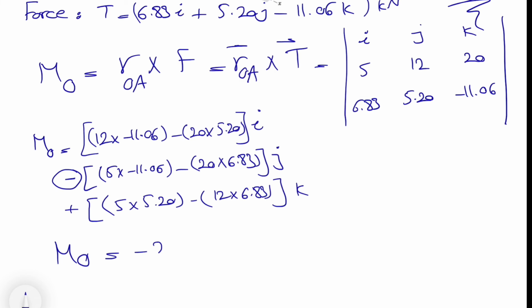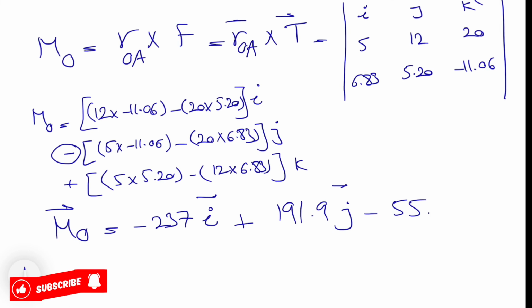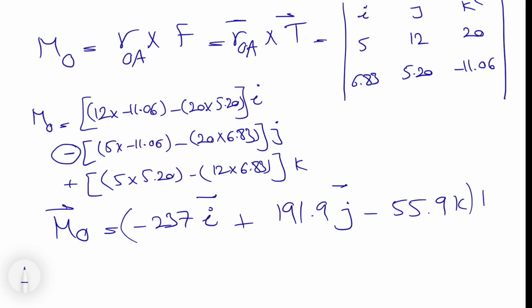And if we do that, for the first part, we have minus 237. That would be our I. For the second one, for the Y part, we get 191.9.